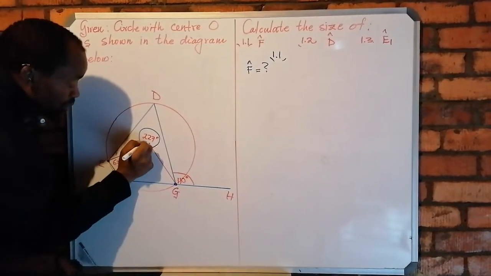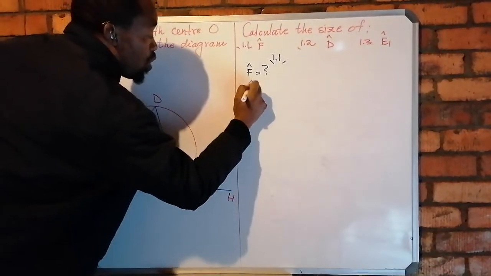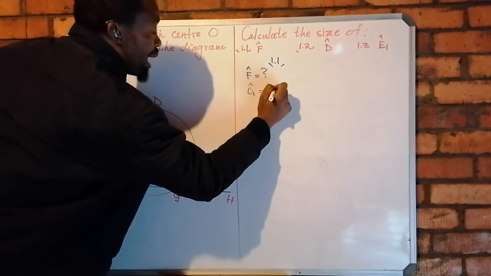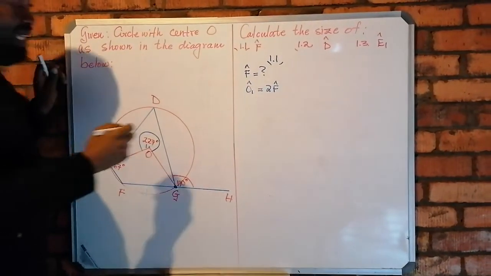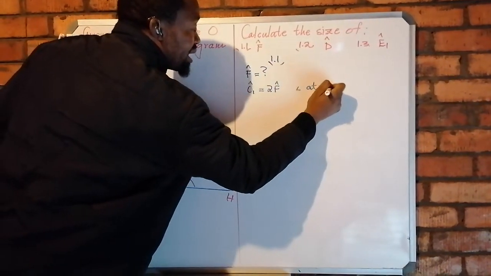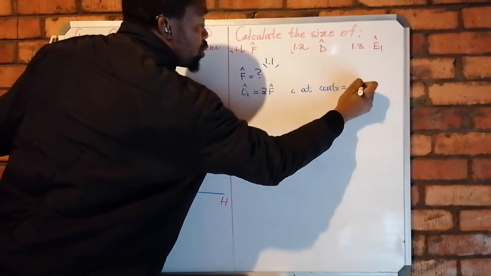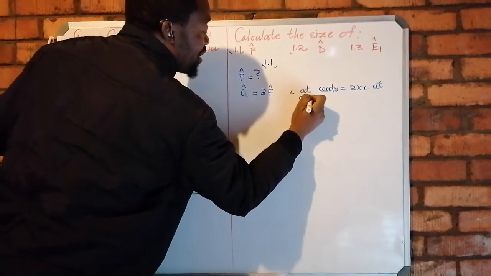Let's say this is O1. Angle O1 is equal to twice angle F. The reason is angle at center is equal to twice the angle at circumference.